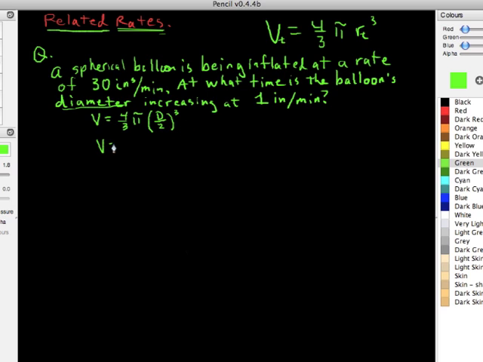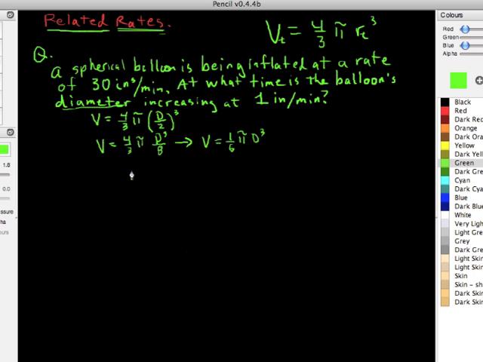The volume is equal to 4/3 pi d cubed over 8. This is just going to help us in the beginning. So 4 divided by 8 is 2, so the volume is equal to 1/6 pi times the diameter cubed.